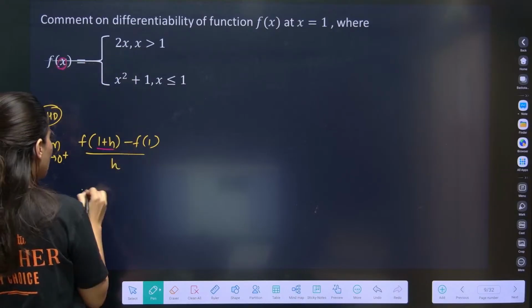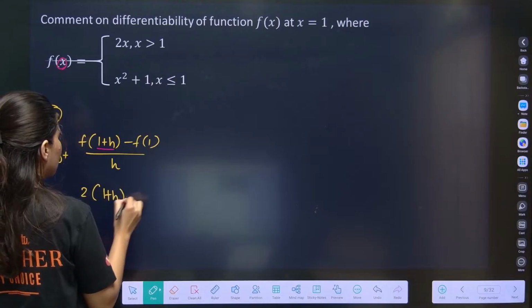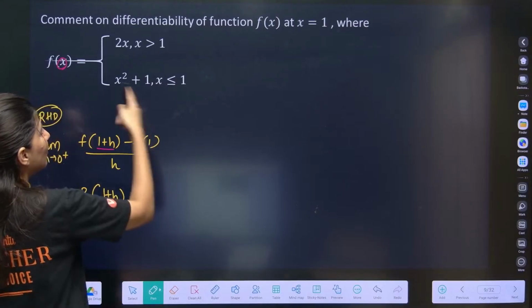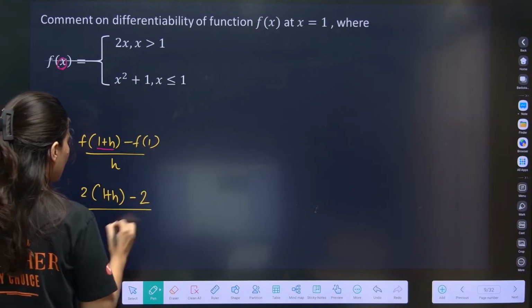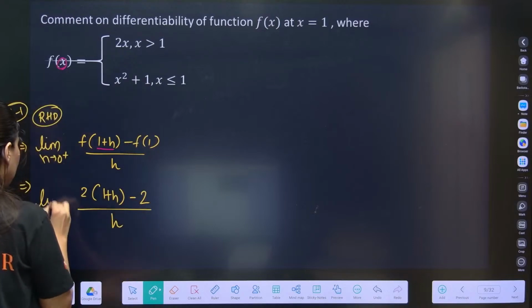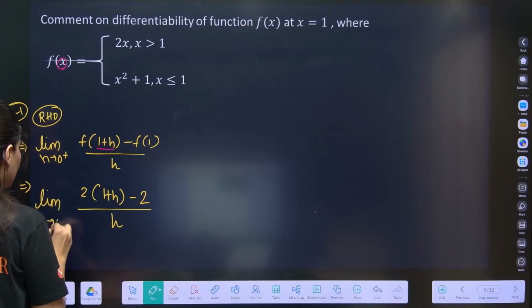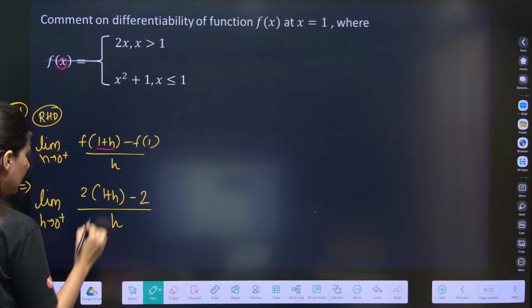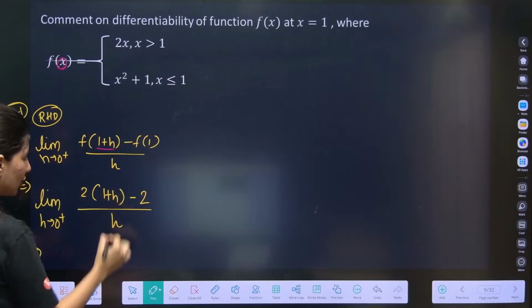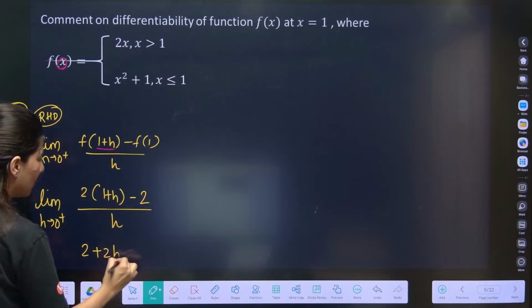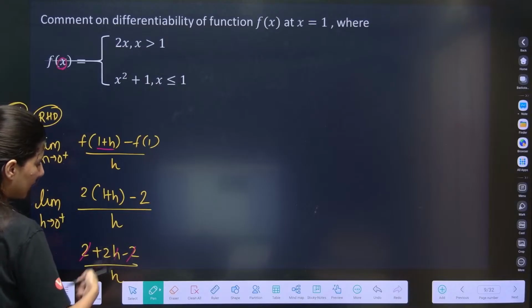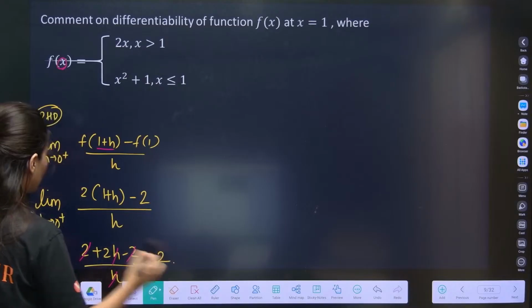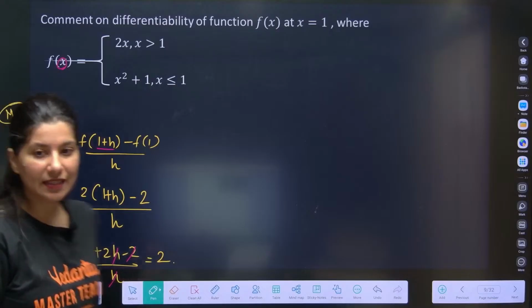So twice of 1 plus h minus f of 1. f of 1 will be 1 plus 1, 2, whole upon h, limit h tends to 0 plus. Now 2 plus 2h minus 2 upon h. So 2 cancels, h cancels, and you get 2. So the right hand derivative is coming out as 2.